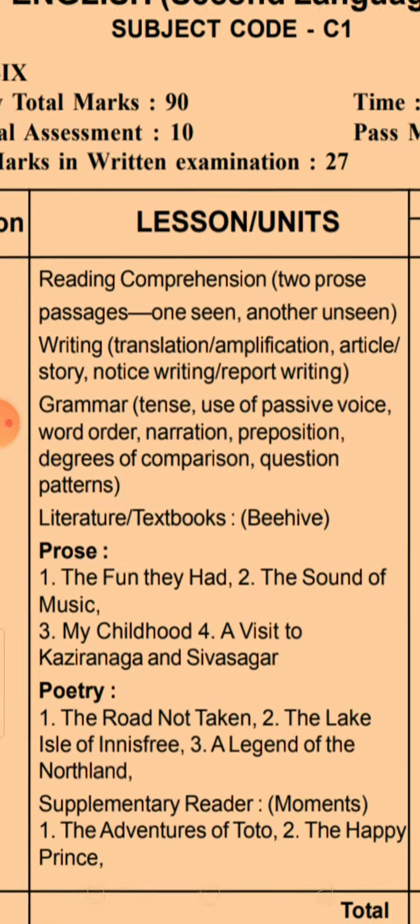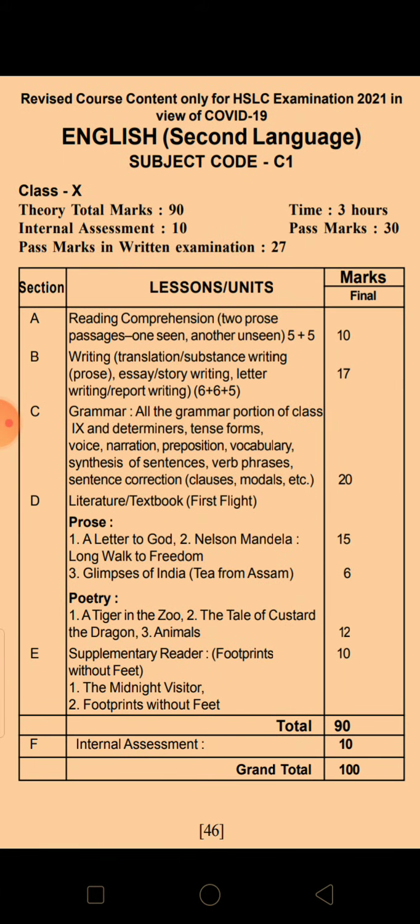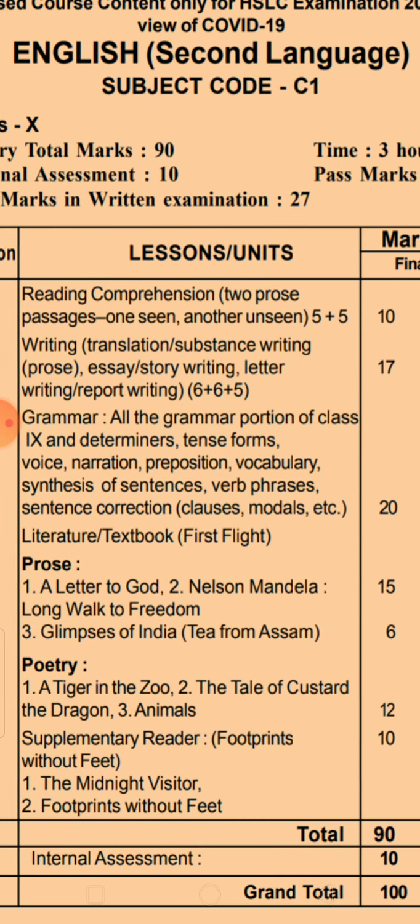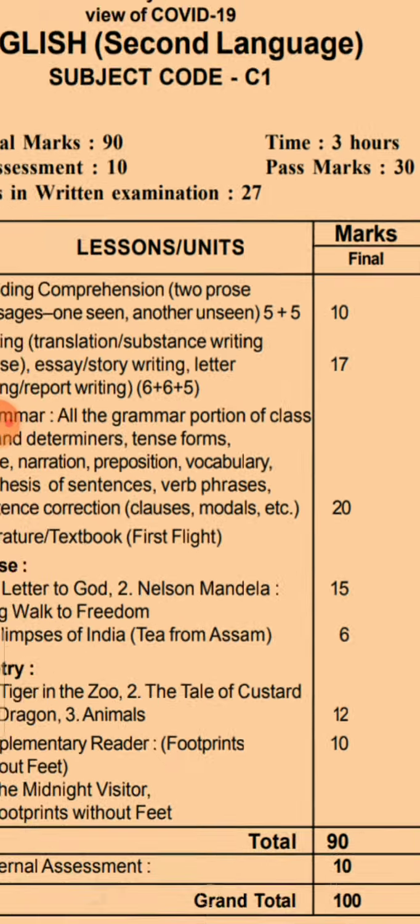This is the grammar portion of class 9, including these: determiners, tense forms, voice, that means active and passive voice, narration, that means direct and indirect speech, prepositions, vocabulary, synthesis of sentences, that means combining the sentences, and verb phrases and sentence correction using clauses and modals. And then you go on to look at this as 20 marks for your grammar.